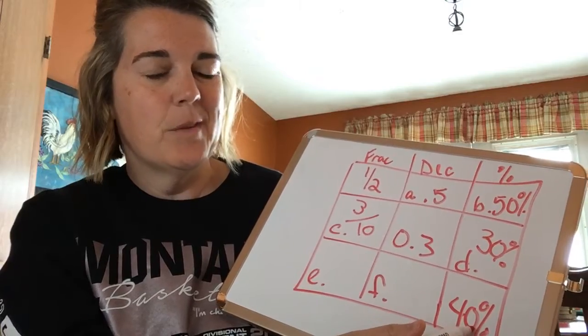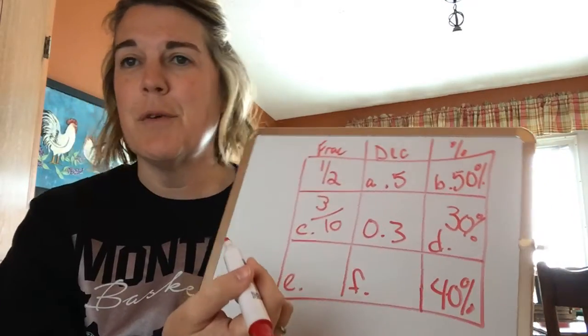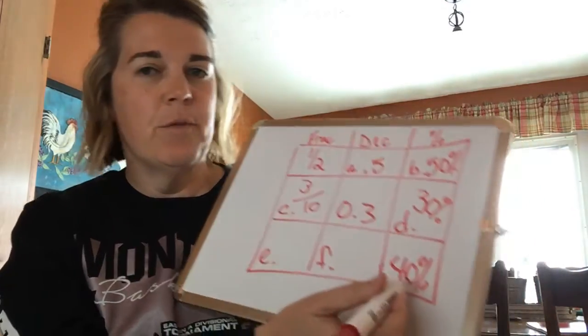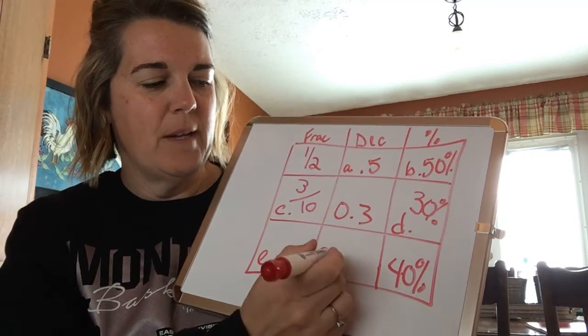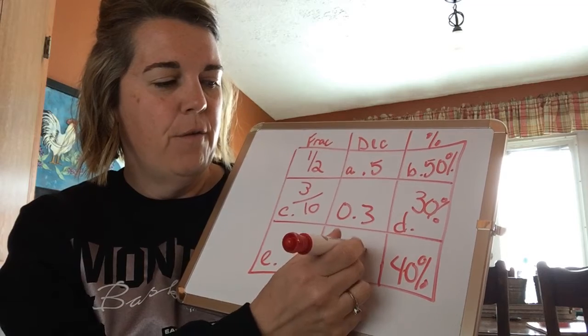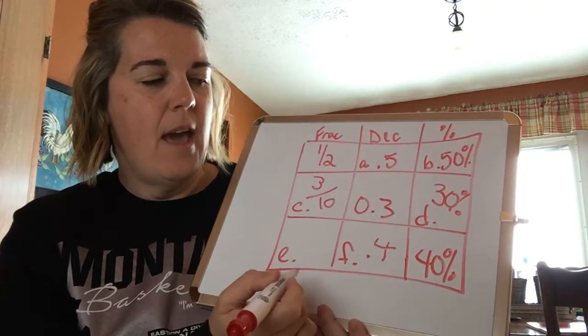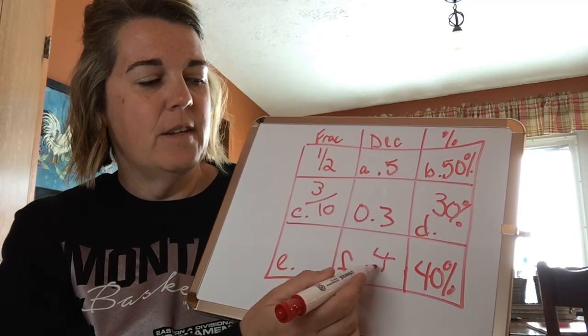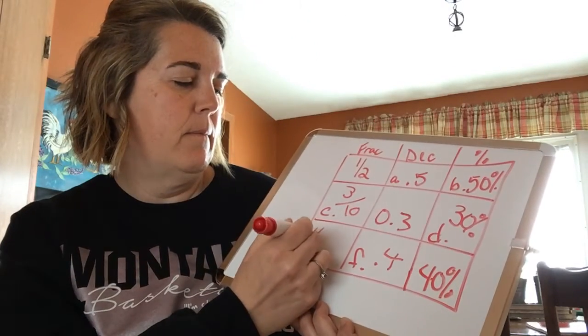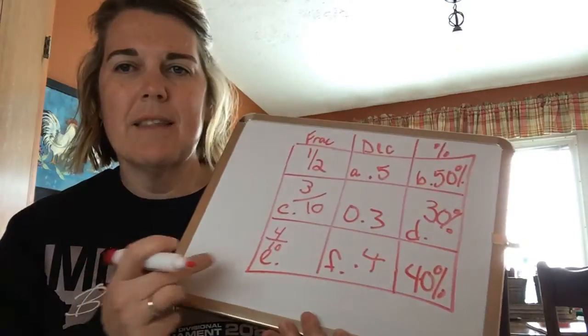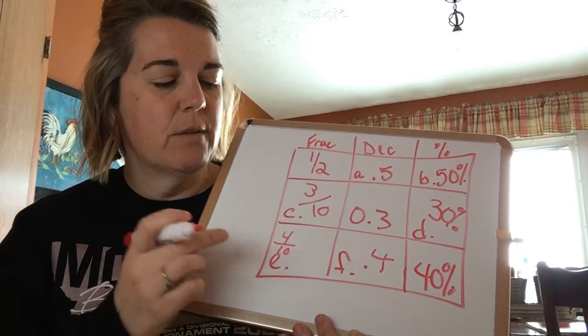40%. The decimal's here. If I need to go backwards from a percent, I literally move my decimal twice the other way. So I'm at 40%, so my decimal is going to be 0.4. And this is 4/10. Can we leave it like that? No. We need to reduce it.